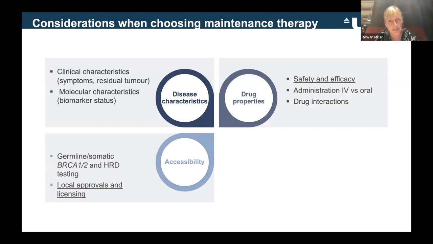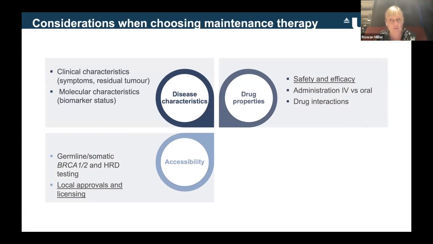I haven't gone through the toxicity data in the interest of time, but there are quite marked differences between the different PARP inhibitors in terms of toxicity and, for example, dosing. Niraparib is once daily dosing, olaparib and rucaparib are twice daily. They have different side effect profiles.